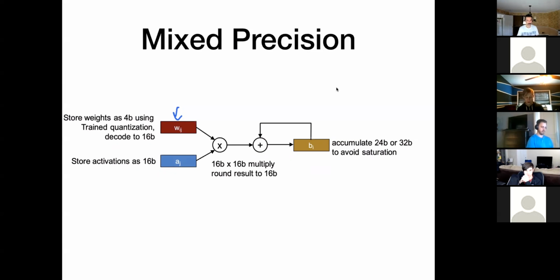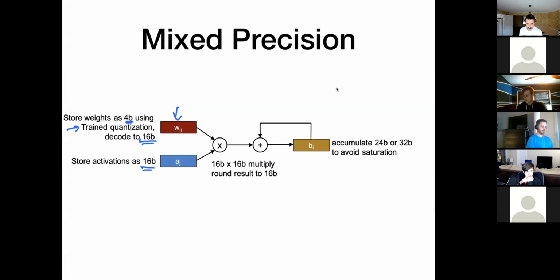So you want to have the lowest possible quantization for these weights, and one way to do that is trained quantization. We'll talk about it later, but you can consider the lowest possible precision, like a 4-bit representation for each of these weights. Once you retrieve it locally, you can decode it to get higher precision, like 16-bit.